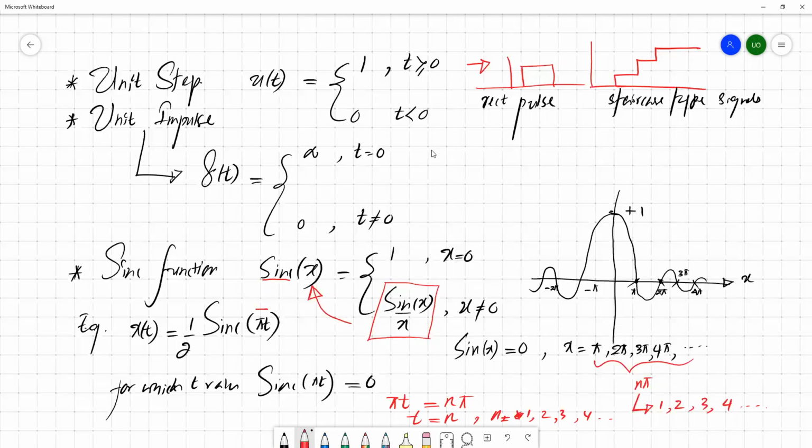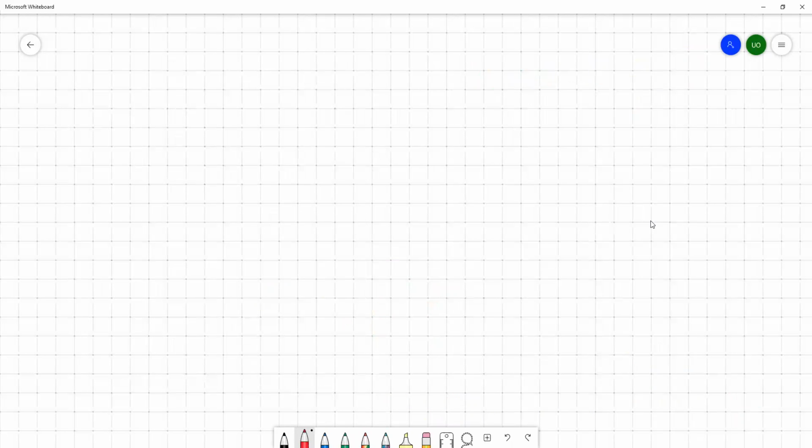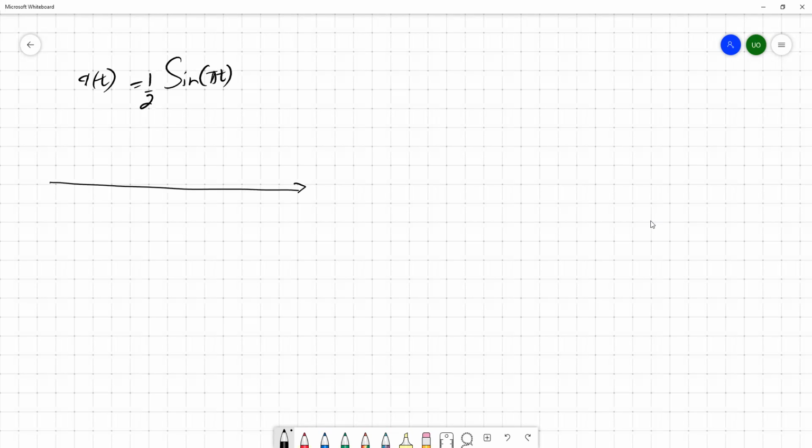If you draw this one, it's something like that. We have x(t) equals half sinc(πt). We have the t-axis. This is 0. This is t equals 1, t equals 2, t equals 3, and so on.